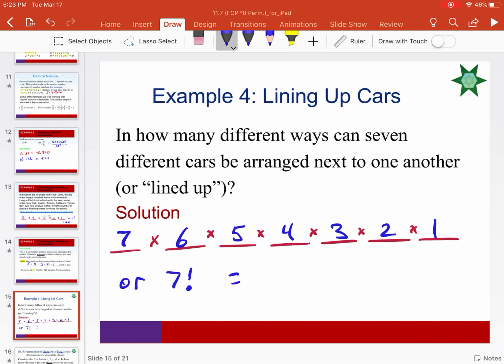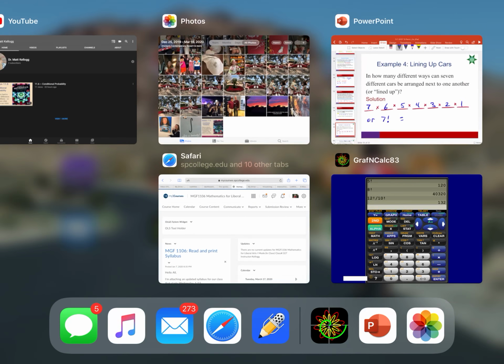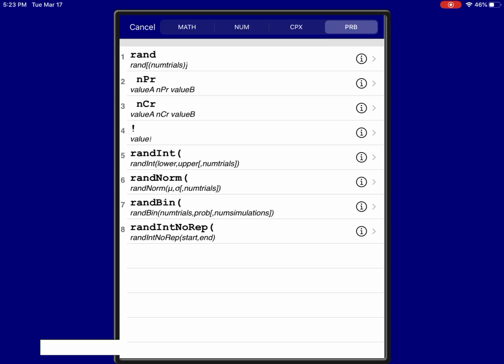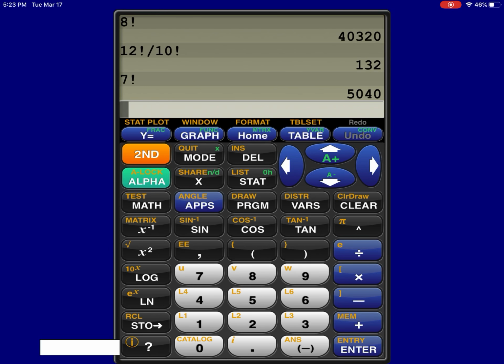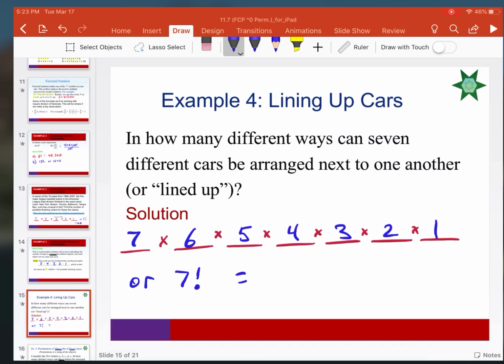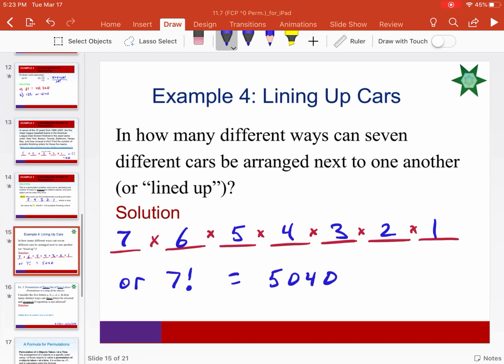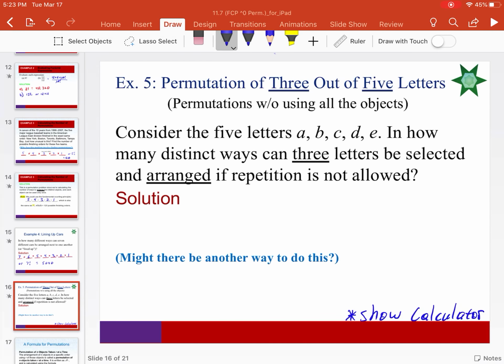And either way, you would get 7 factorial, 5040. So that's a great way for a car dealer to spend their afternoon, is figuring out how they want to arrange 7 cars, right? All right. Hopefully you got that.